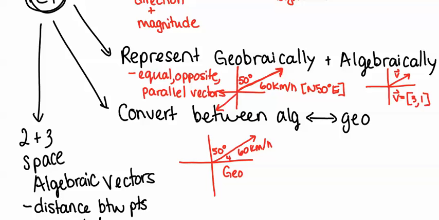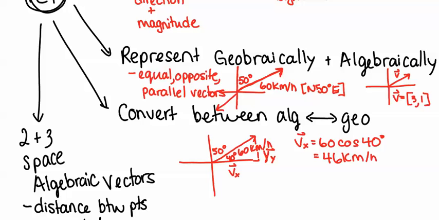I know this angle right here would be 40. To get the x component, I'm going to do 60 cos 40, which is 46 kilometers per hour.